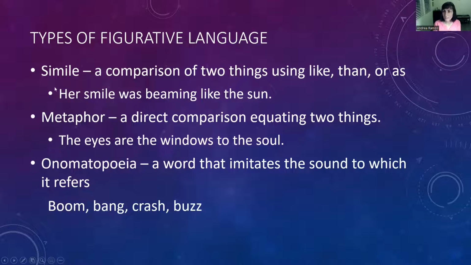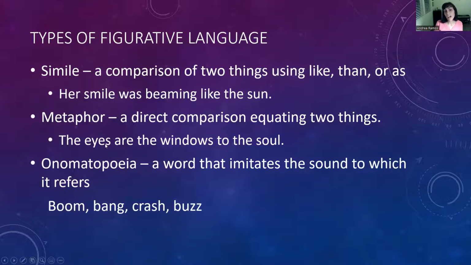That's a simile. A metaphor, on the other hand, compares two things, but instead of saying that one thing is like another, we're saying that two things are equal. We're saying one thing is another. We're equating them. It's a direct comparison. So an example would be, the eyes are the windows to the soul.